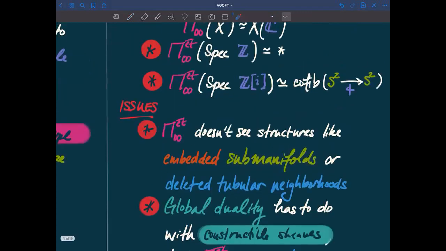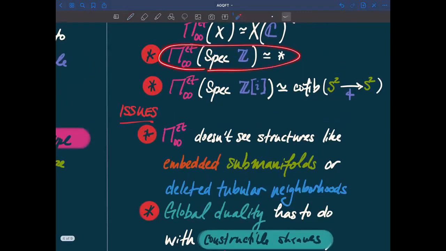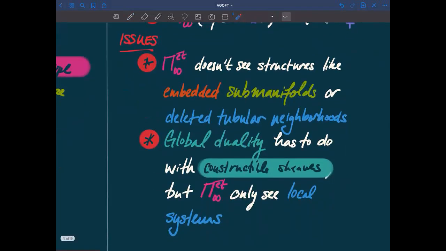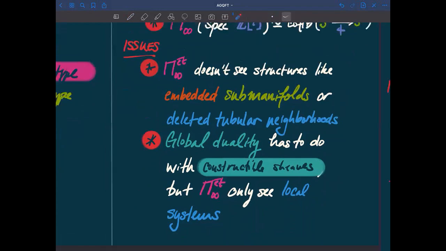And in the case of something like spec Z, that means that the étale homotopy type simply isn't going to see anything. So in the case of Q, we're not going to see any of the structures that we were trying to study when we were thinking about global duality and arithmetic topology. So I'm going to address both of these issues.